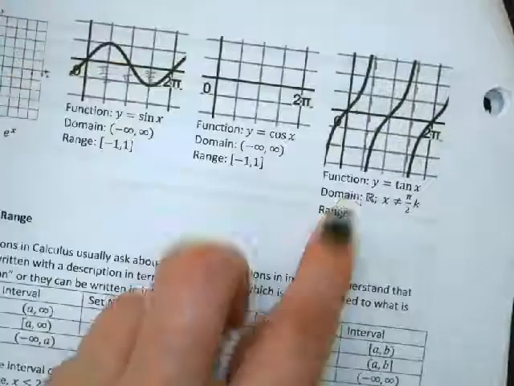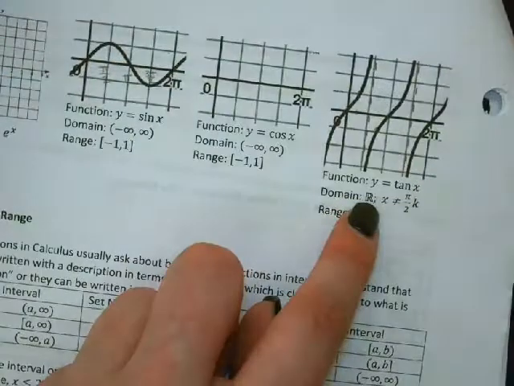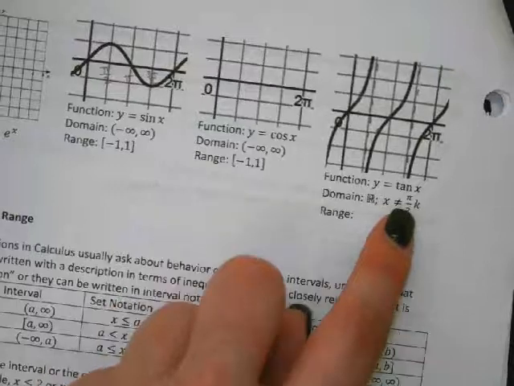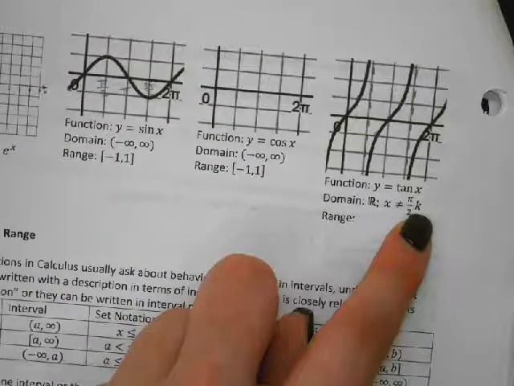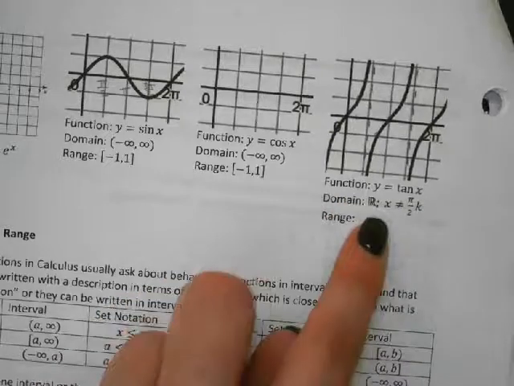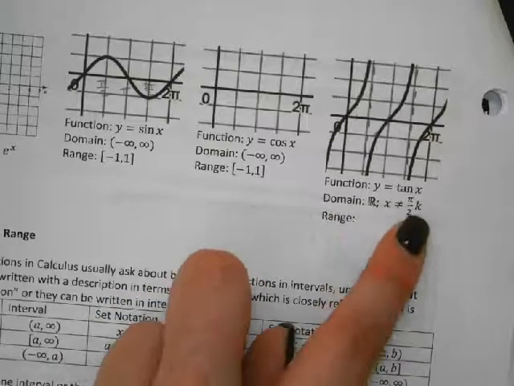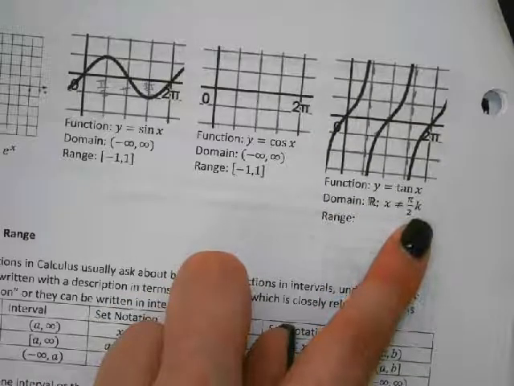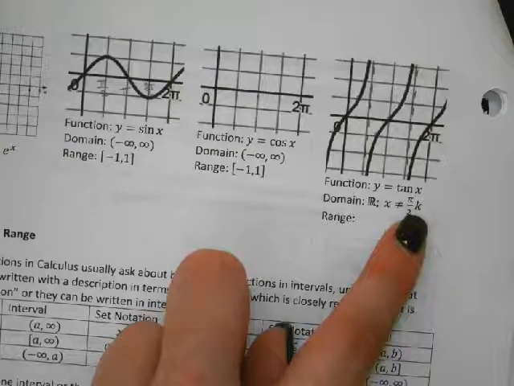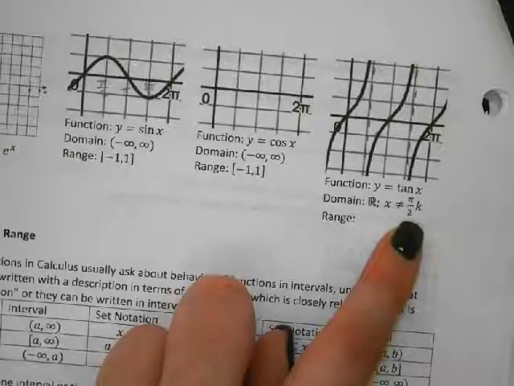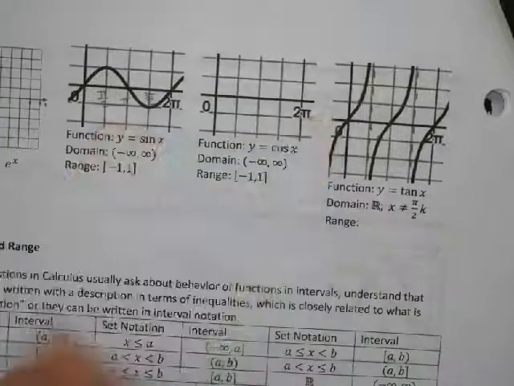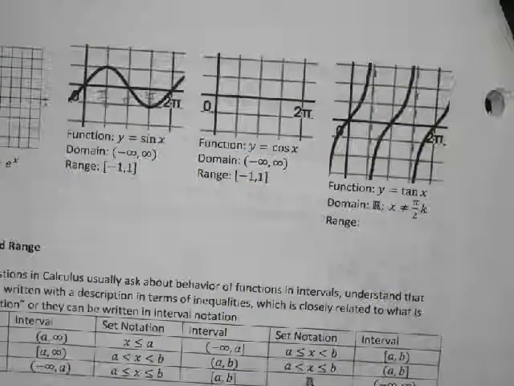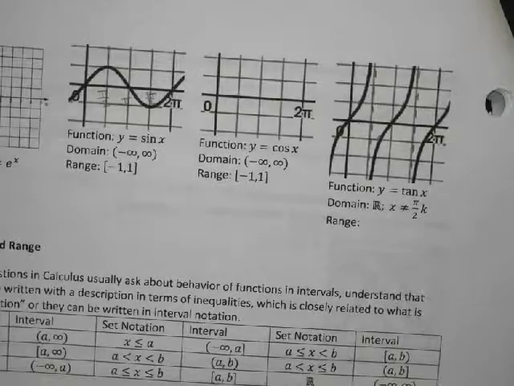And that's why you can see right here that the domain is all real numbers as long as x is not a multiple of pi halves. So any multiple of pi halves, and I guess I should clarify that, because it's not every multiple of pi halves. I'll have to look up and see exactly how that's written, because the whole number pi's are okay, it's just the pi halves, 3 pi halves.